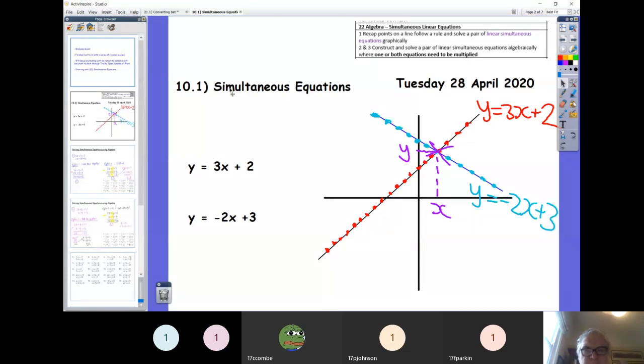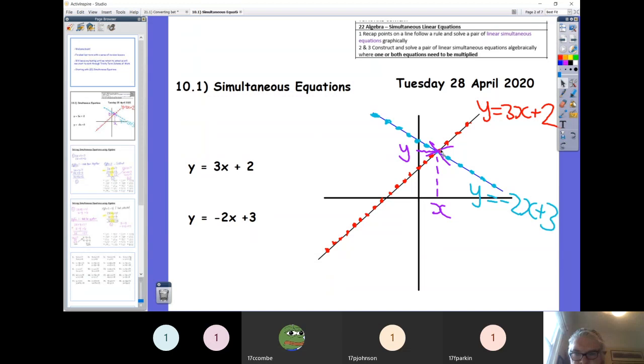And then with these simultaneous equations, you've got two lines. So we've got a second equation here, y equals minus 2x plus 3. That's this one here in light blue. Now you will see that there's this one point here where the two lines cross, and that coordinate satisfies both of these equations.